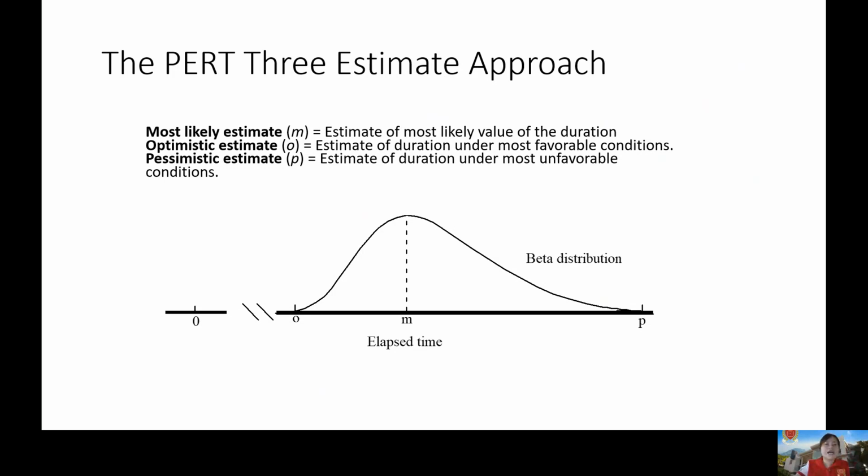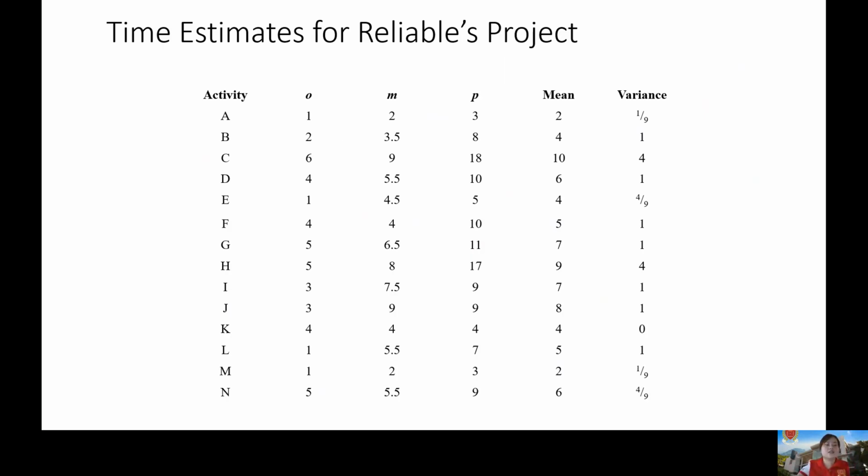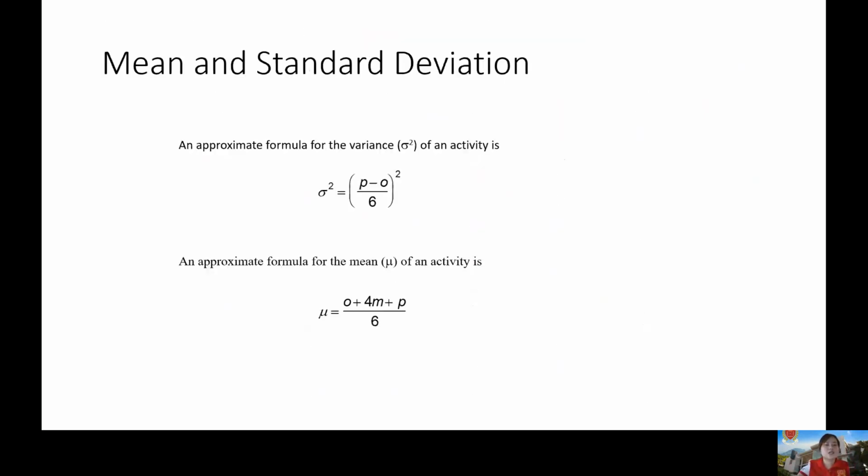Okay? So, kailangan natin itong formula na to. This is your variance, which is equal to your pessimistic minus optimistic over 6 quantity square. Okay? And then your formula for mean is equal to O plus 4M plus P over 6. So, you can get all the mean and variance for all the activities using the formula stated a while ago. Okay? So, isa-isahin nyo lang siya.